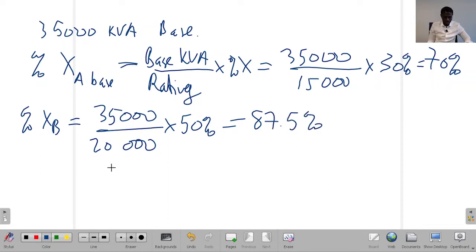87.5%. After we are done converting these reactances to the base reactance, we now have to calculate the line current corresponding to the base kVA rating, which we've chosen as 35,000 kVA.